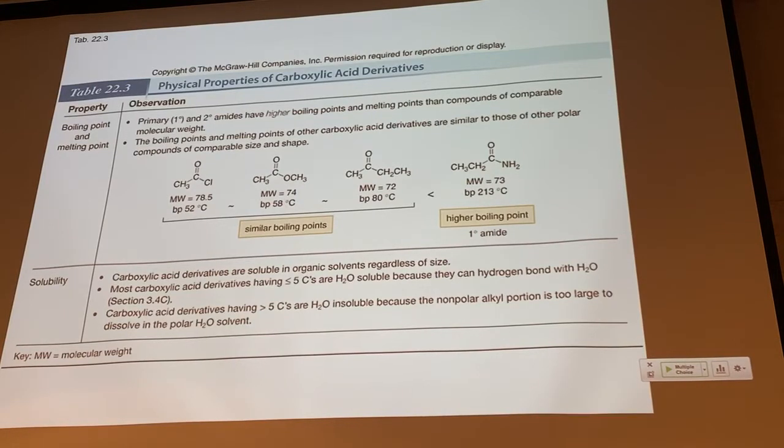All of our carboxylic acid derivatives, except amides, have very similar boiling points because they have dipole-dipole interactions with each other, but they are unable to hydrogen bond.